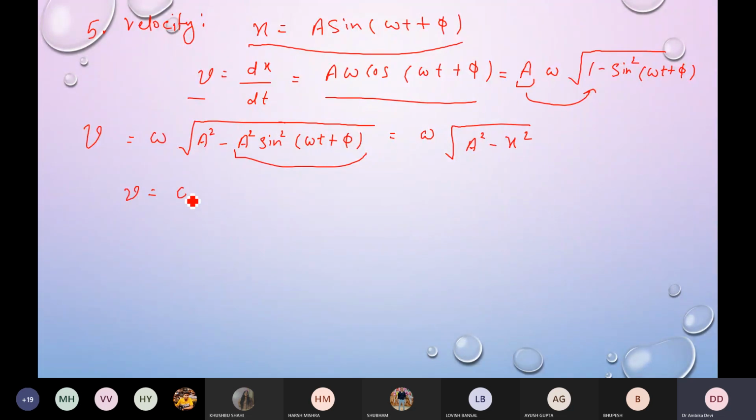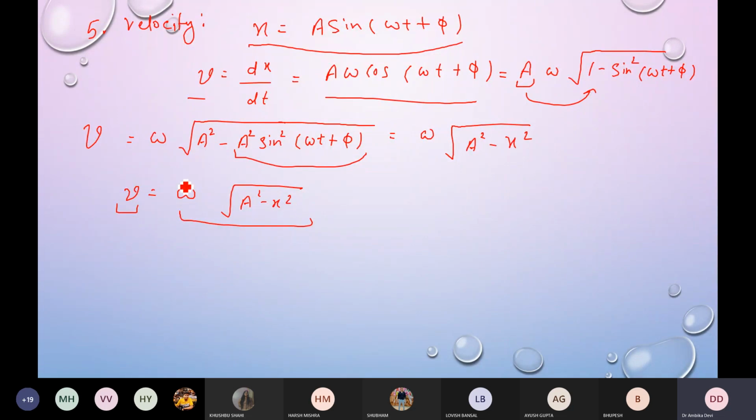So velocity is equal to omega square root of a square minus x square. One important thing that we should not forget here is that maximum velocity is obtained by putting x is equal to 0. See, this velocity is totally dependent upon this factor, this minus x square. So the larger the value of x, the smaller will be the velocity.